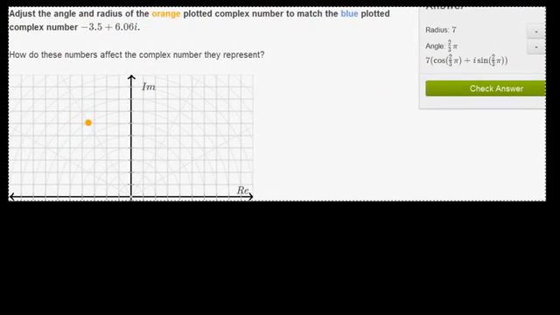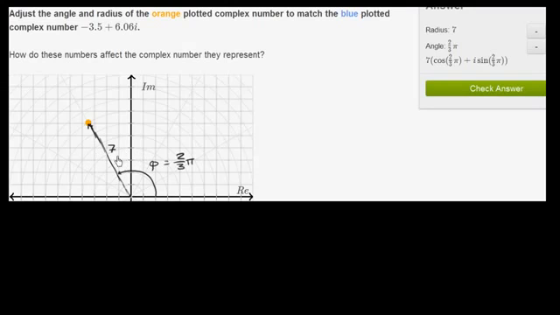Here we have an argument, or an angle, I guess I could say. This angle, often referred to as phi when you're dealing in the complex plane, is equal to 2/3 pi. And this is, of course, in radians. And the modulus, which is really the distance from the origin to the complex number, by just manipulating that little tool, we saw to be 7.